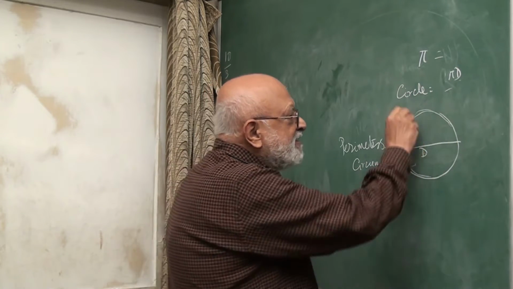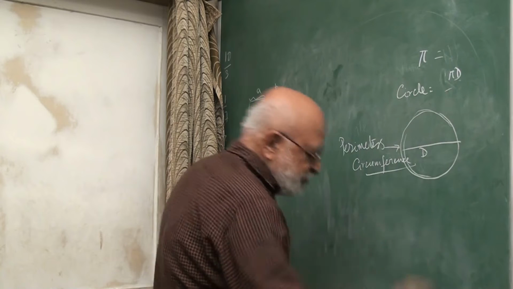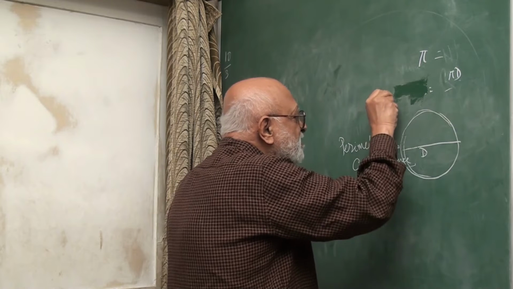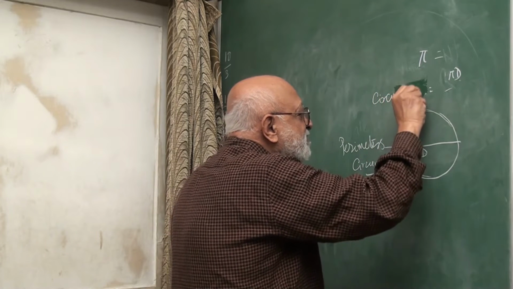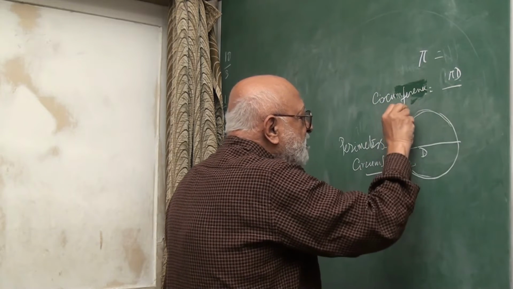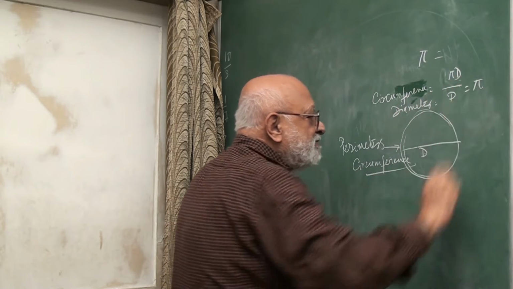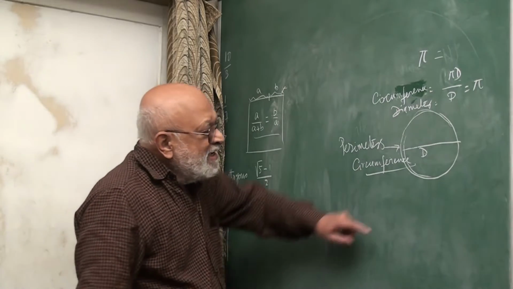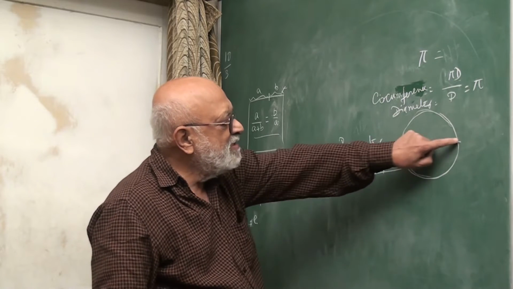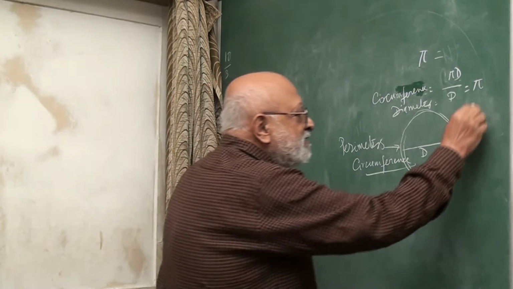And if I take the ratio of circumference divided by diameter d, I will end up getting pi. So you can measure the circumference and then also measure the diameter, and you will end up getting pi.